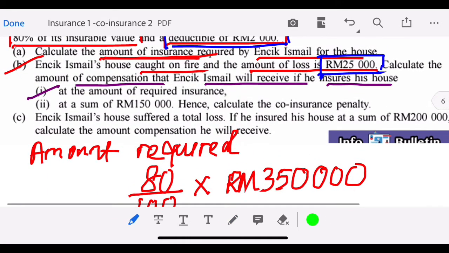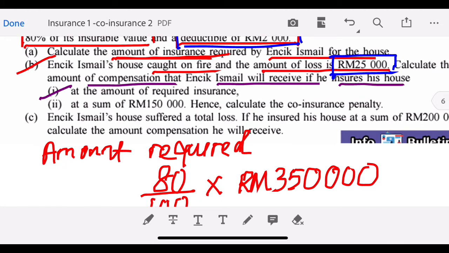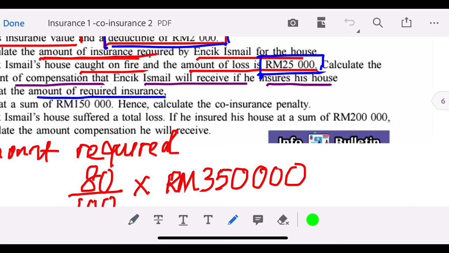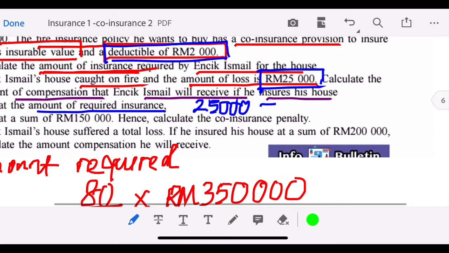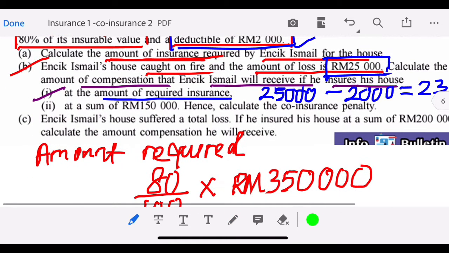So the compensation that Inje Ismail will receive if he insures his house at the amount required by the insurance is the amount of loss, 25,000, minus the deductible amount, 2,000. So the answer is 23,000.